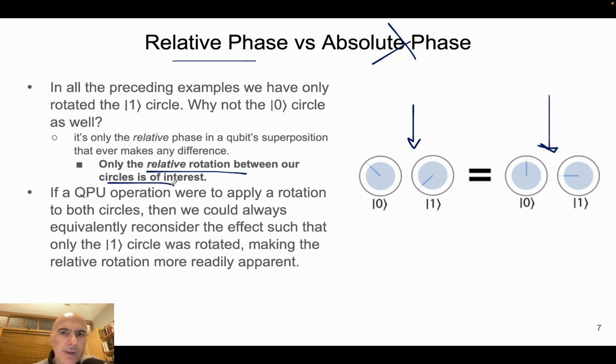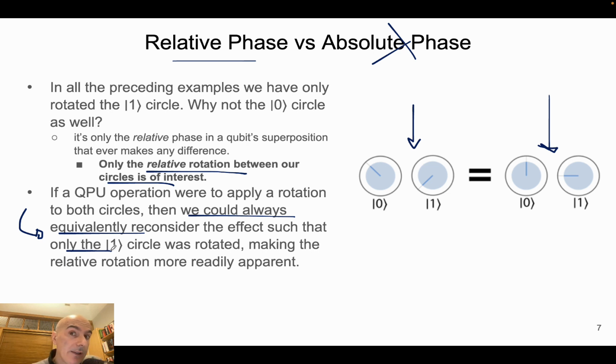One important point for this course is that we're going to apply a rotation operation on the qubit with the quantum gates. We'll see that in the next few lectures. So if there is an operation that rotates the qubit, this can equivalently be considered as an effect on only one circle.